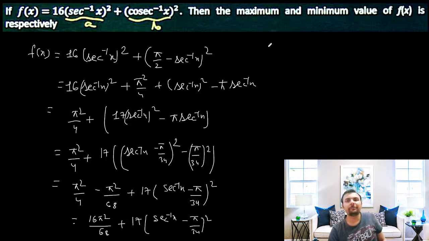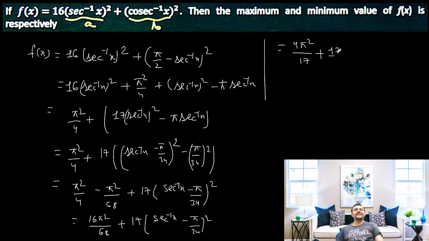Now we have to find minimum and maximum. So it is nothing but 4 pi square by 17 plus 17 times the square. Sec inverse x can be from 0 to pi by 4, so this could be 0 to make it minimum.